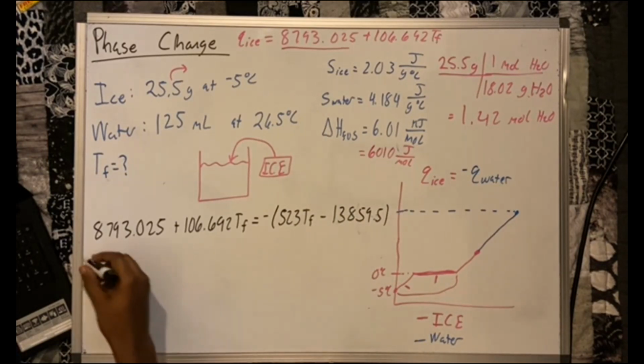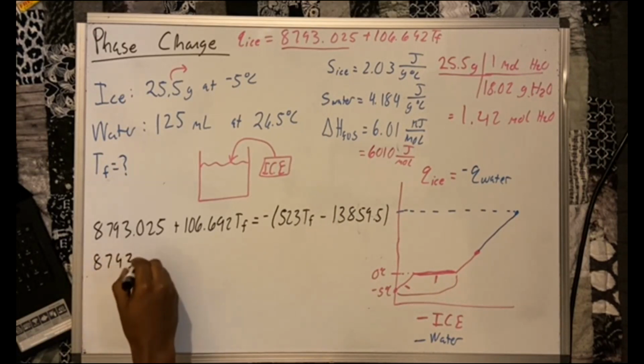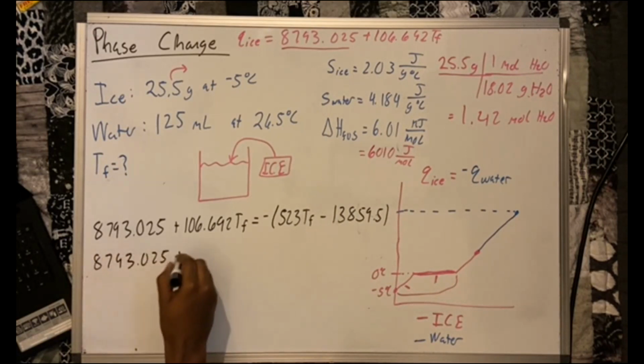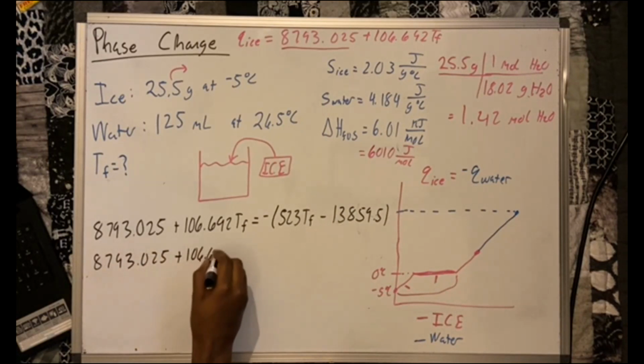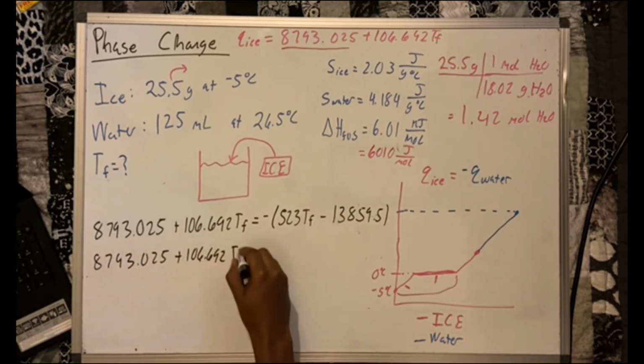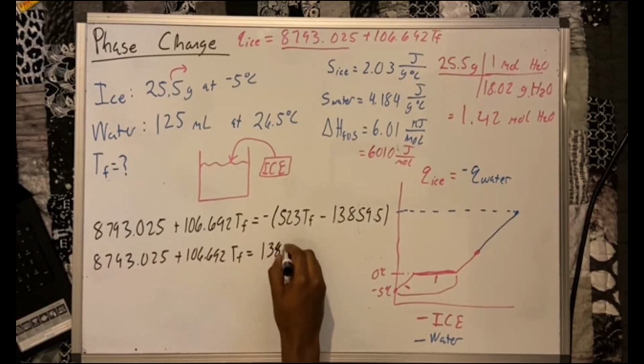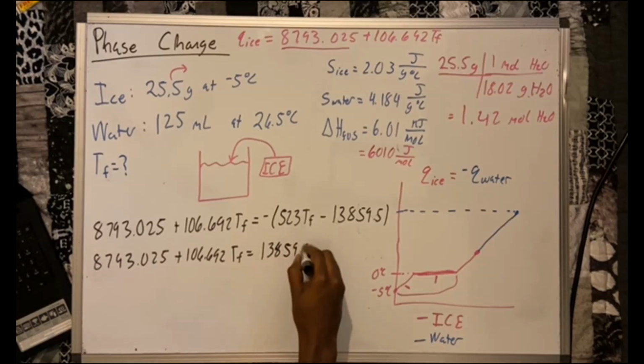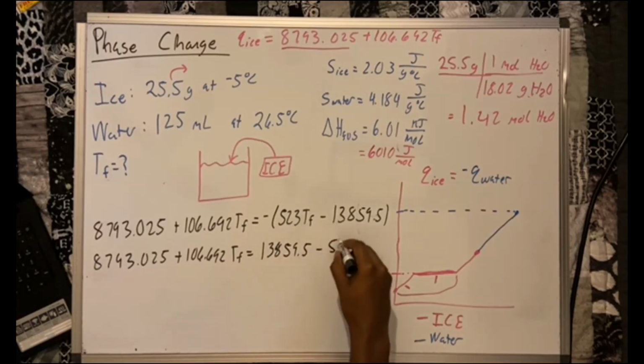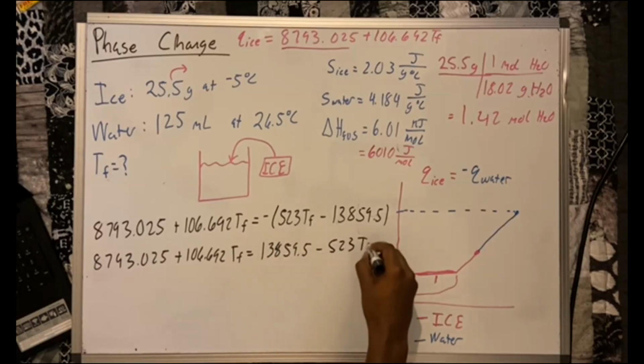Doing some algebra, we get 8,793.025 plus 106.692 TF equals 13859.5 minus 523 TF.